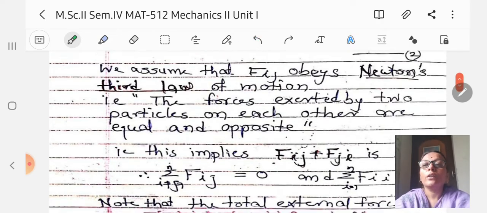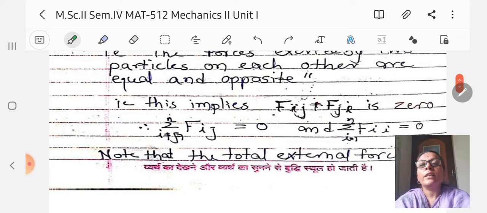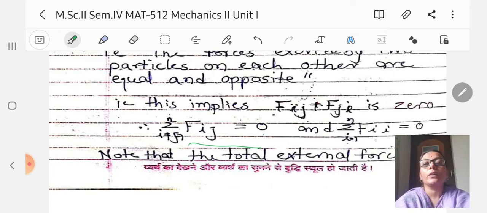Therefore Fij plus Fji is 0, and we can write the summation over i not equal to j from 1 to n of Fij becomes equal to 0, and the summation over i from 1 to n of Fii equals 0, that is the force of a particle on the same particle is equal to 0.